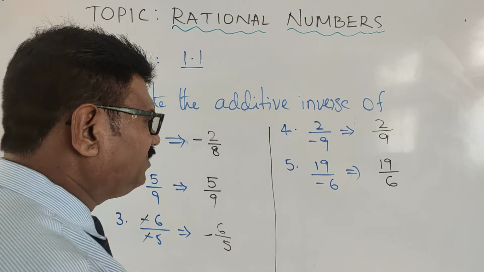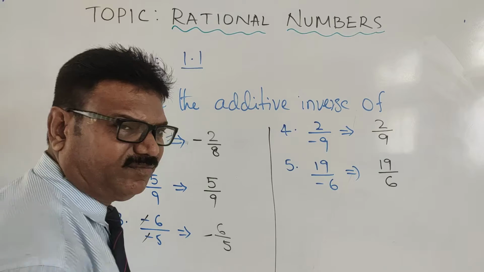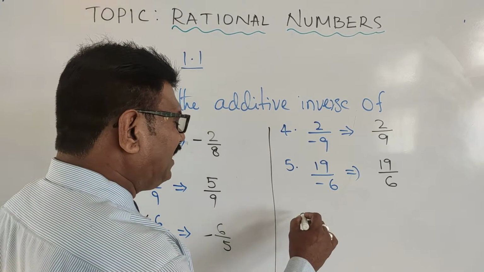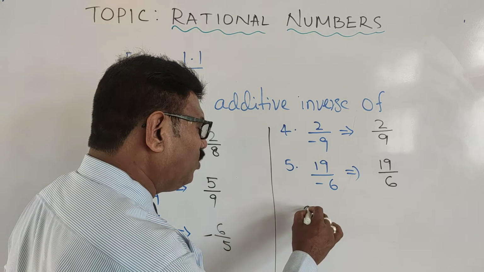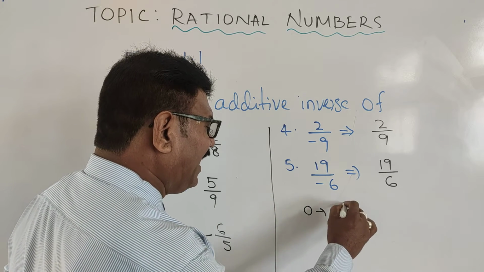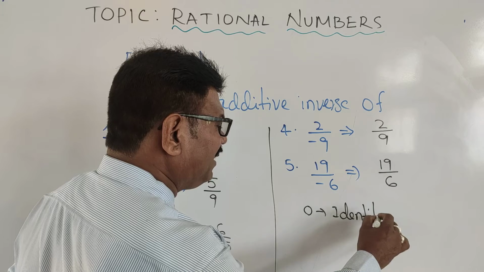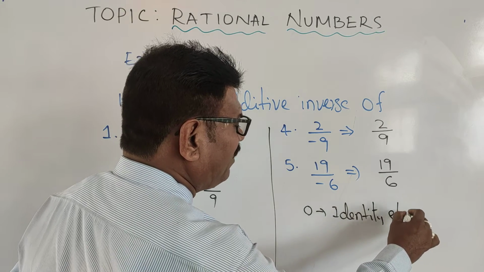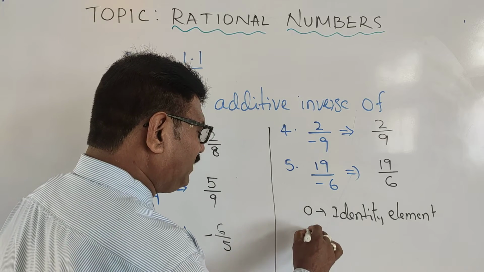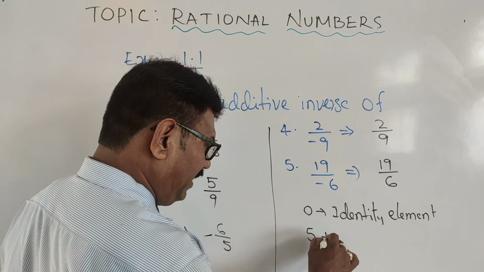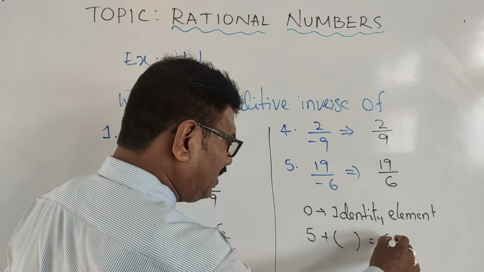A question should arise: Sir, why should we take the opposite sign? We have seen that the identity element under addition is 0. What is this property? Write something plus dash must be equal to 0.